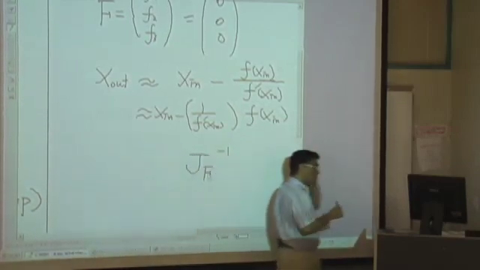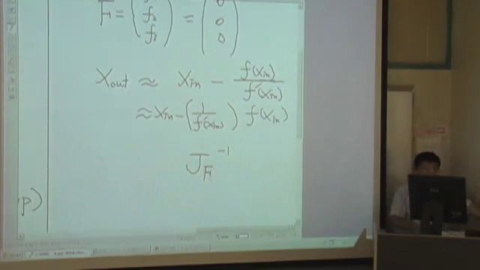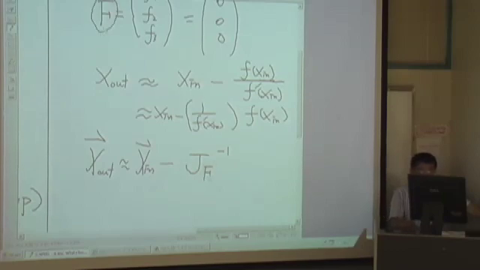So I will write the vector version. The x vector, this is a vector. X out vector equals x in vector minus the inverse of the Jacobian of F, which I will explain one more time, calculated at the x input vector, multiplied by capital F of x in vector.